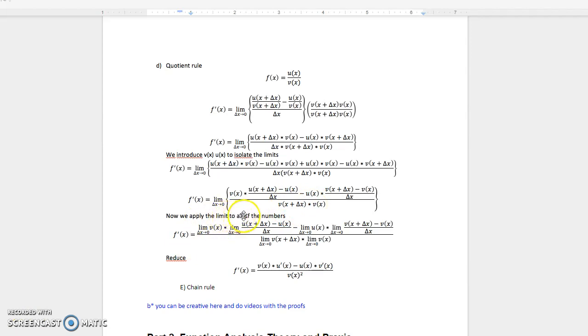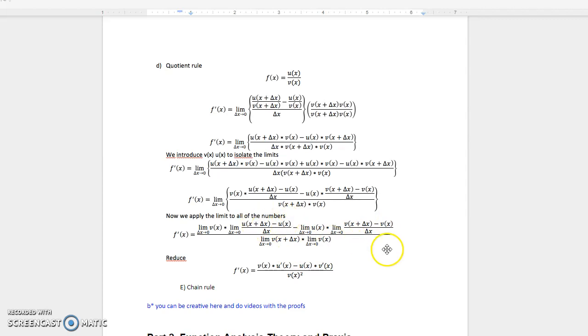So now we apply the limit to all of the terms. You can see right here, the limit as delta x goes to 0 of v of x times the limit as delta x goes to 0 of u of x plus delta x minus u of x over delta x, and we're going to do the exact same right here and on the bottom as well.